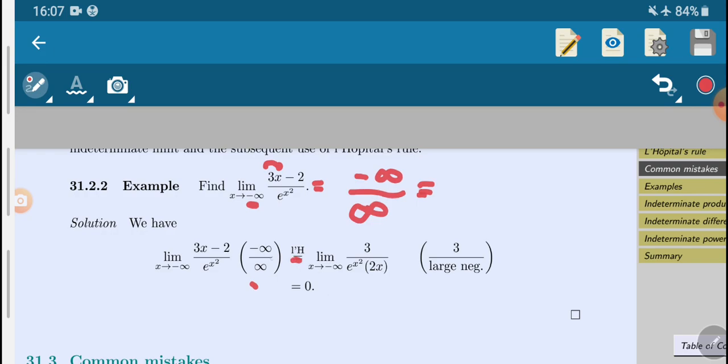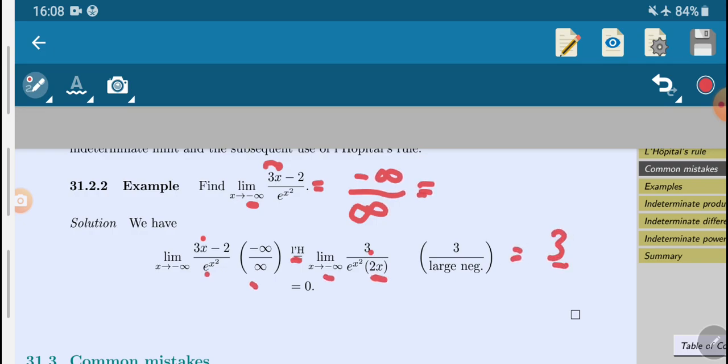The derivative of the numerator becomes 3. The derivative of the denominator, e to the power x squared, is e to the power x squared times the derivative of the power, which is 2x. Replace x by negative infinity. 3 as it is, and the denominator is infinity.